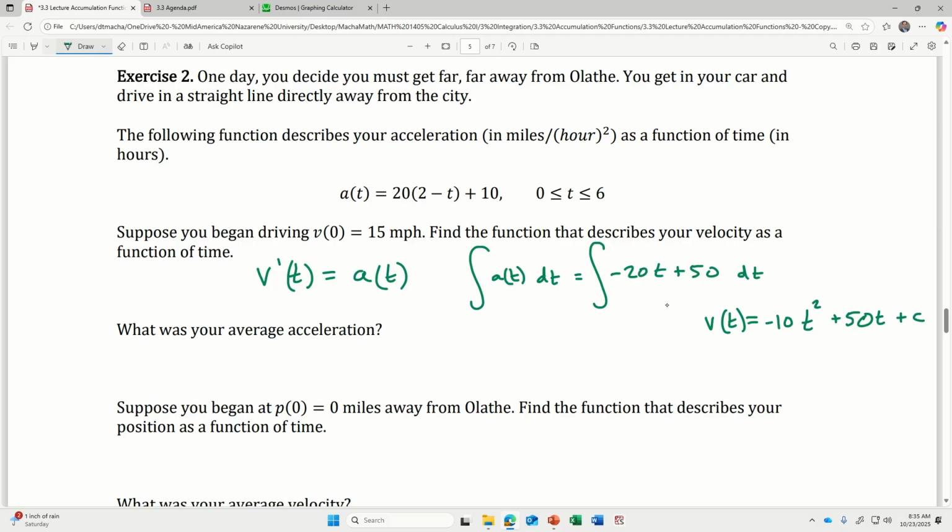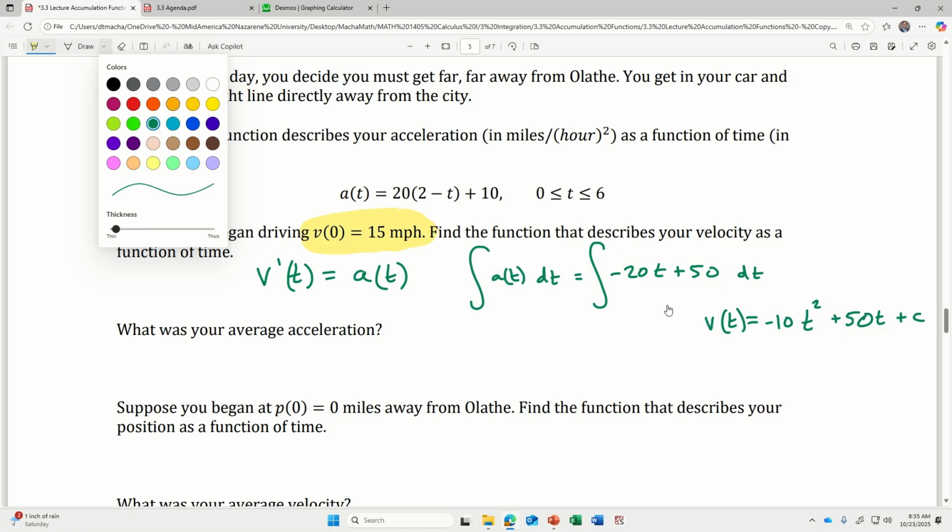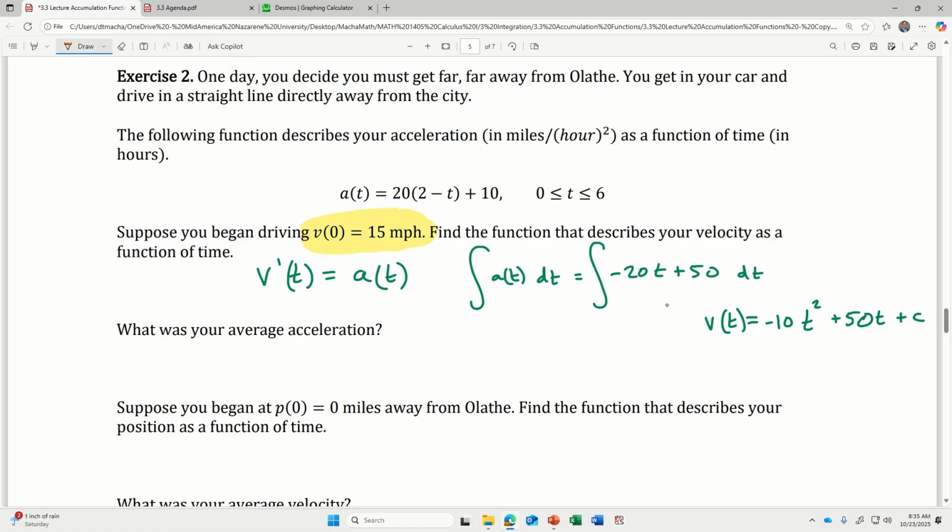Now, check this out. I'm giving this extra little bit of information that says the velocity at time t equals 0 is 15. So now, this little c can be any real number I want it to be.